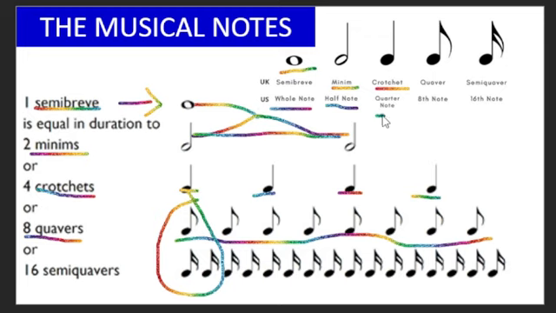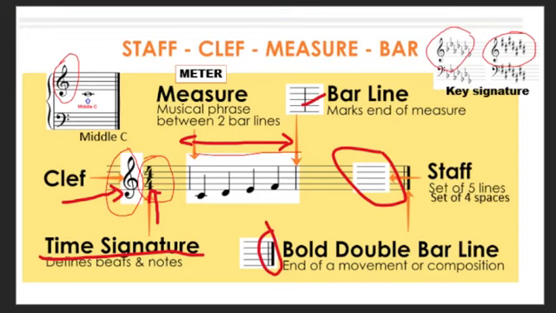In the UK you say quaver, but in the USA they say eighth note. Then semiquaver in the UK, but in the USA they say 16th note. So that's the difference. The others use fractions.